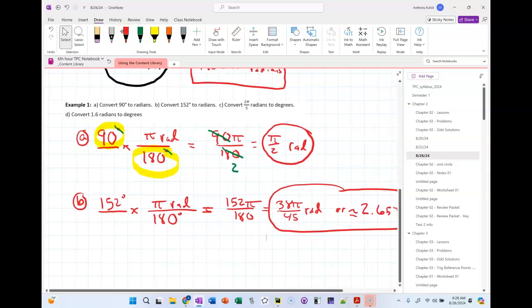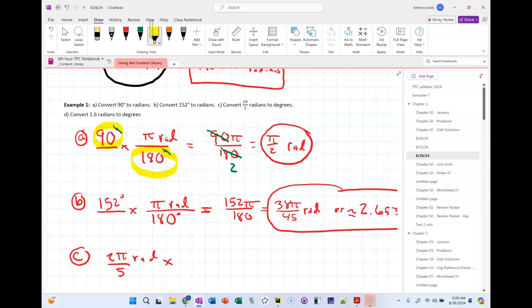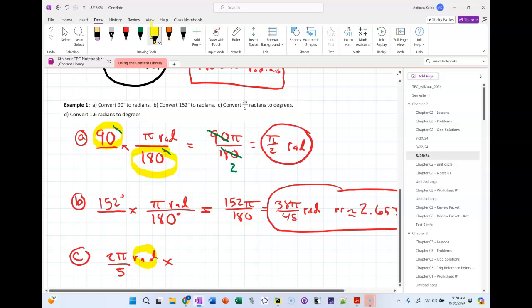All right. C says we're going to have 2 pi over 5 radians. Now this time, notice we're converting from radians to degrees. So if the radian is on top, what unit needs to be on the bottom? Radians.